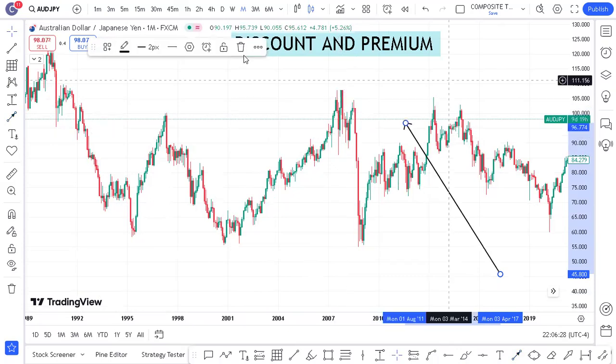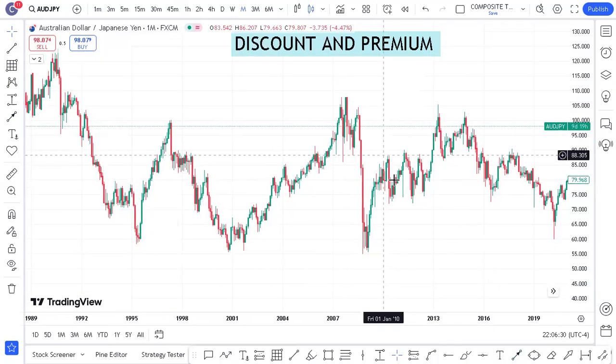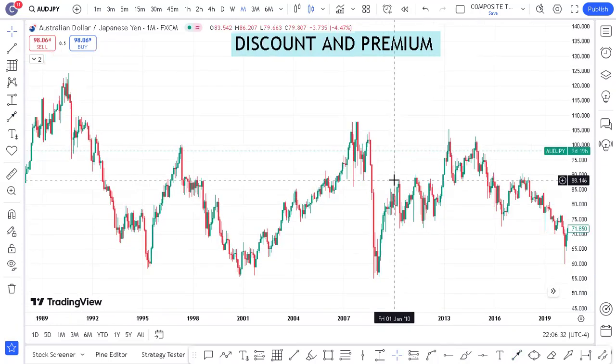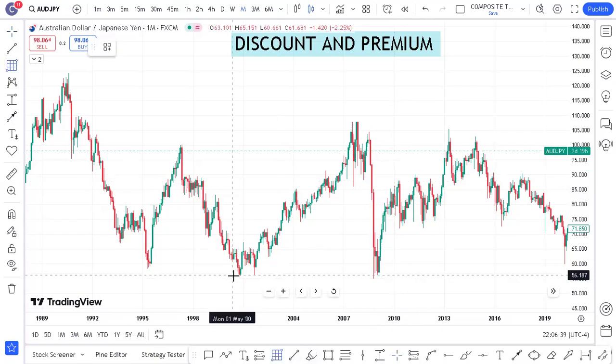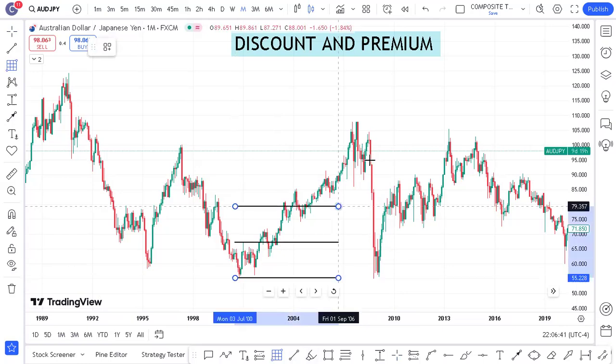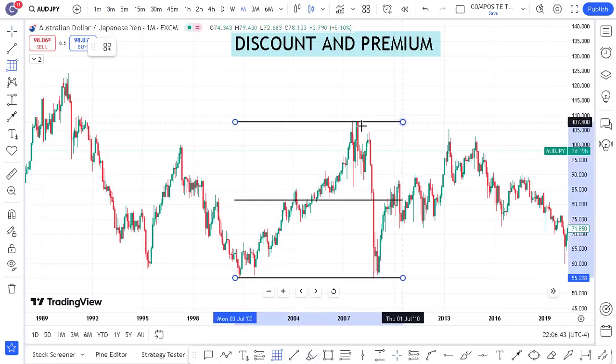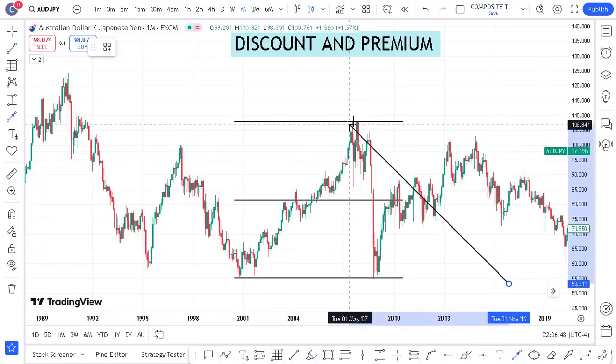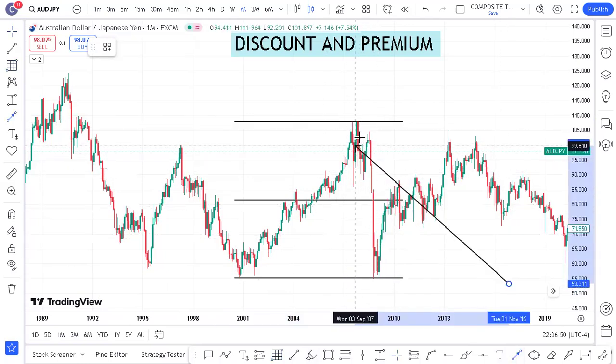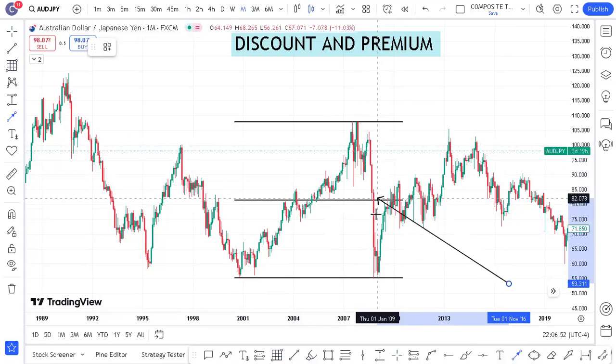So if you are measuring your discount and premium, if you're using a tool like a gun box, you're putting it down here, right? Targeting that high, right? So once you see the price dropping, you can say that, okay, this price maybe is dropping to a discount level.